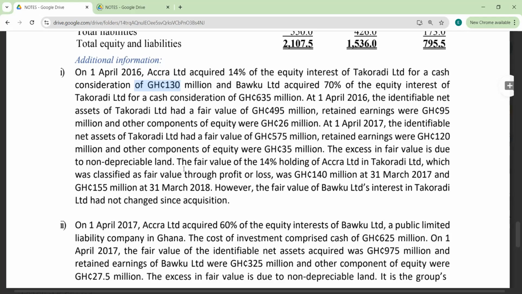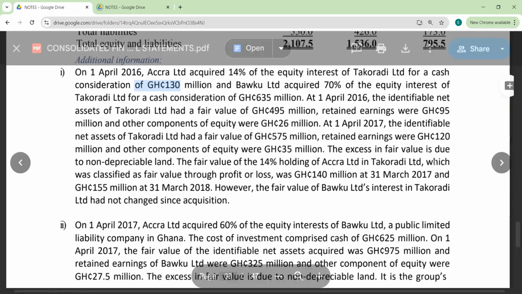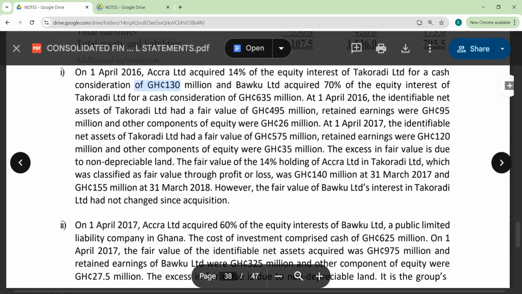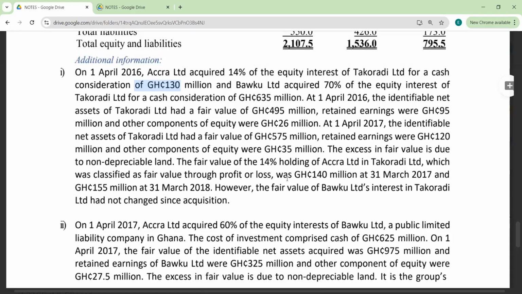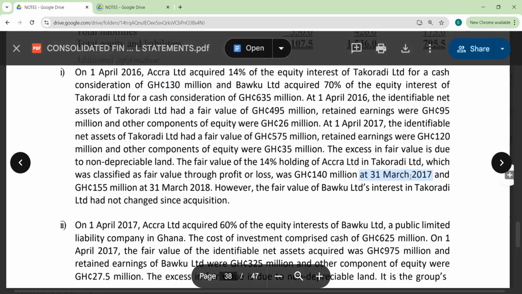Let me take it again slowly. The fair value of the 14% holding of Accra Limited in Tadi Limited, which was classified as held at fair value through P&L, was 140 at 31st March 2017.